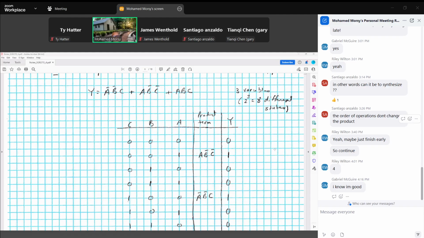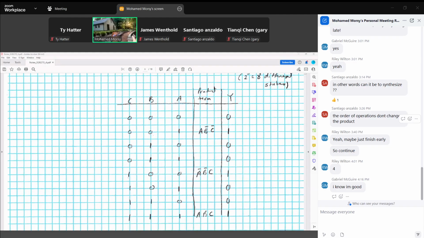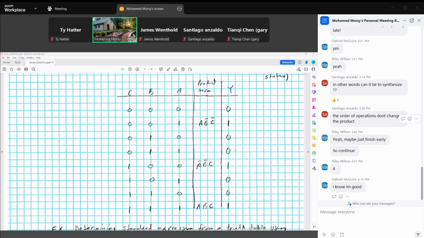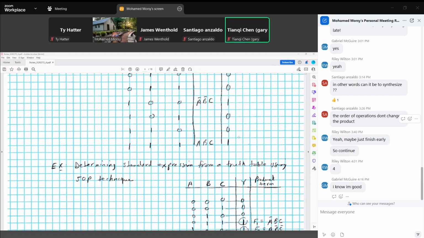You see what I'm saying? Yeah, thank you, sir. I got it. For other inputs, the output is 0. Other than the product terms, the outputs are 0. The output is 1 only at the product terms. Any other question, please?